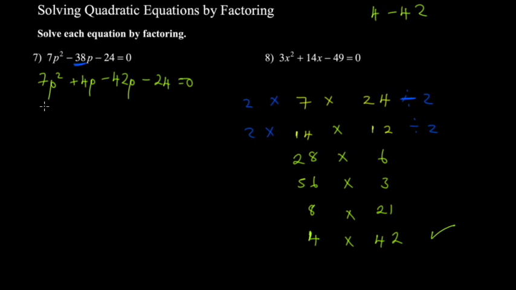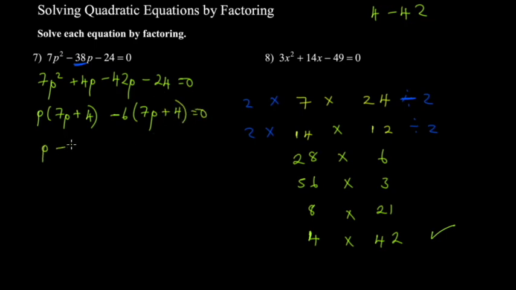Then here you'd factorize. The highest common factor for the first two is simply p, then you get 7p plus 4. Then for this one, the highest common factor is negative 6, and negative 6 into this, you get 7p plus 4, equal to 0.